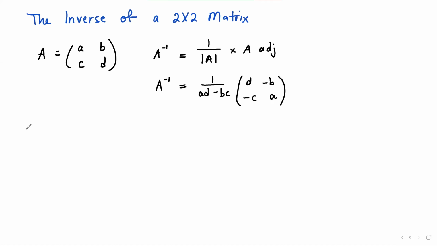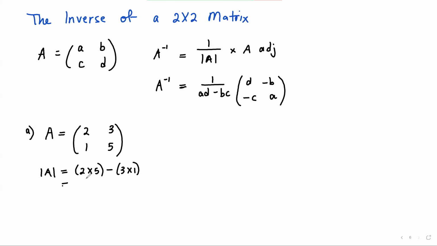So let's look at an example. Let's say we have the matrix A, and A is 2, 3, 1, 5. And I would like to find the inverse of A. Well, firstly, the determinant of A would be 2 times 5, take away 3 times 1.